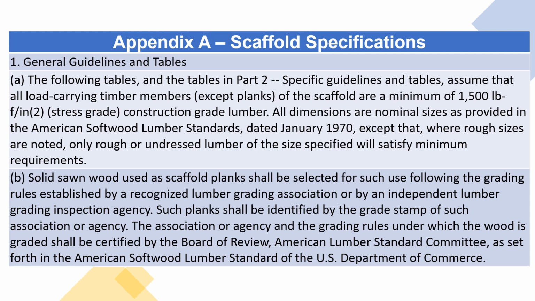B. Solid sawn wood used as scaffold planks shall be selected for such use following the grading rules established by a recognized lumber grading association or by an independent lumber grading inspection agency. Such planks shall be identified by the grade stamp of such association or agency.